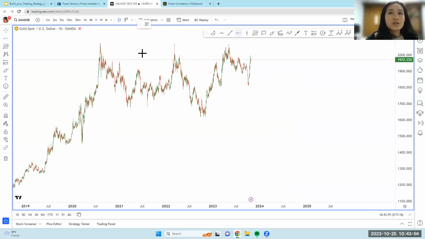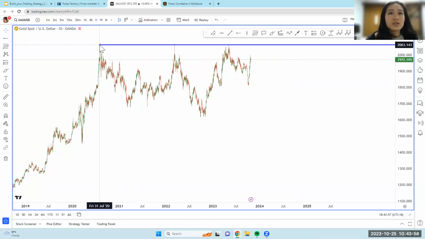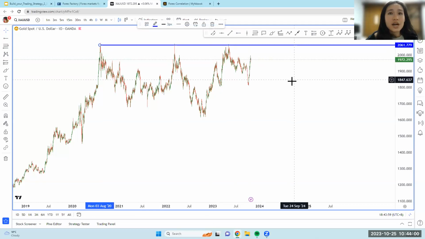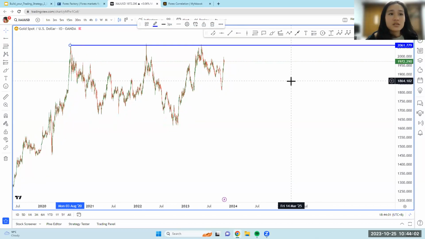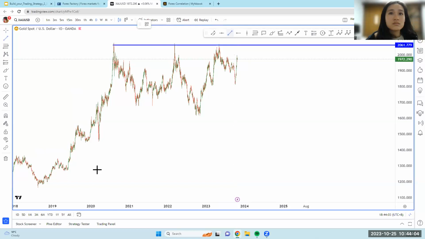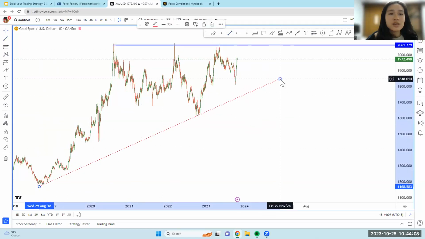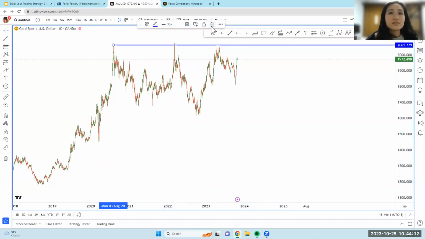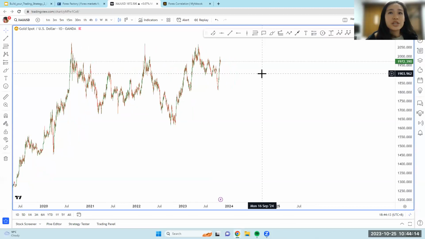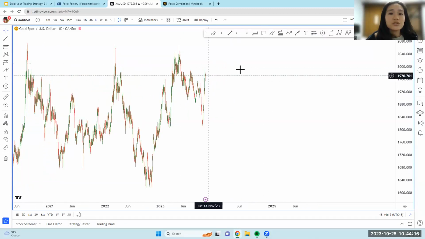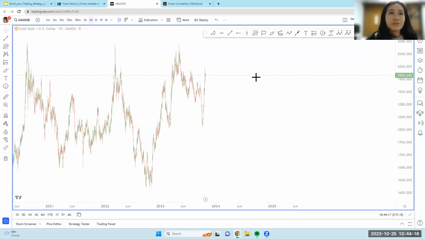On our daily time frame, we have this multiple swing high here. We also have this ascending trend line, and you can see prices are pretty bullish over here on our daily time frame.